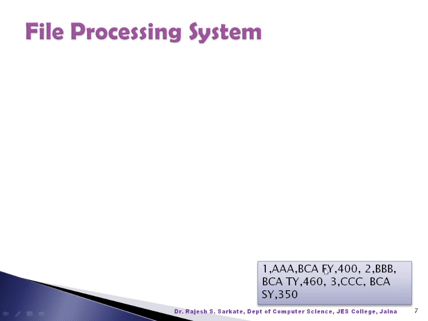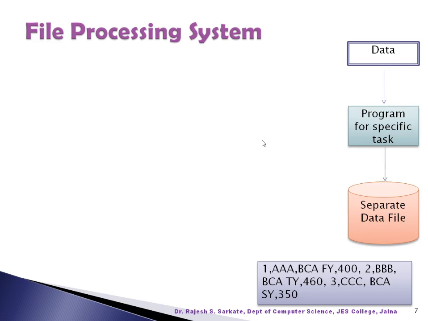This is the first record of the particular student. Another record is stored sequentially: second, BBB, BCA third year, 460 marks, then the third record. So in the data file used in the file processing system, data was stored sequentially. This format creates issues regarding processing the data.